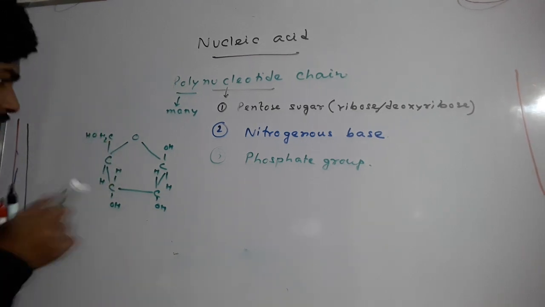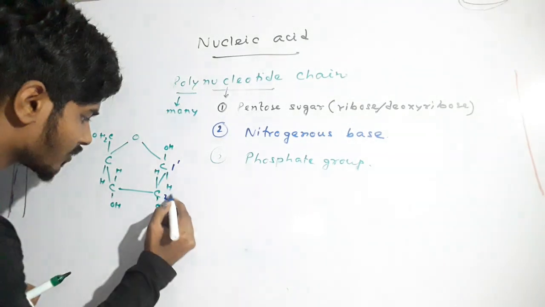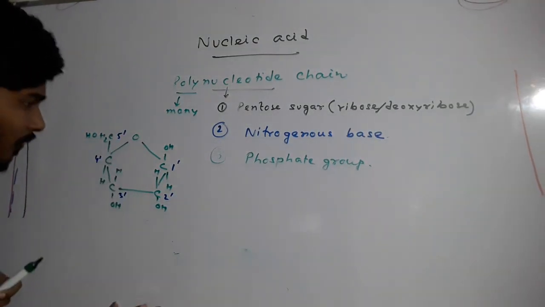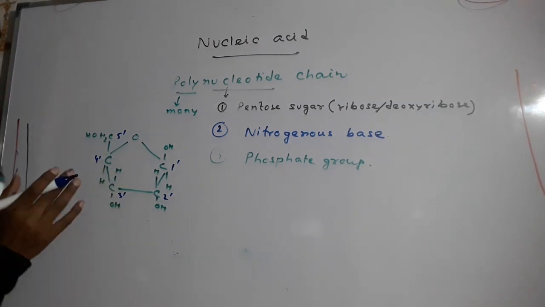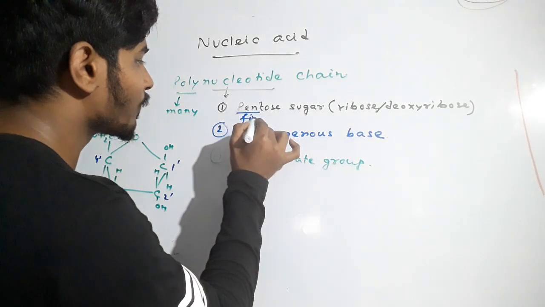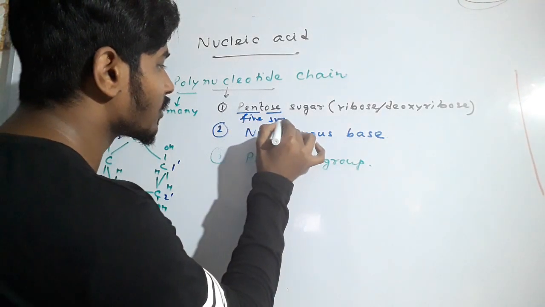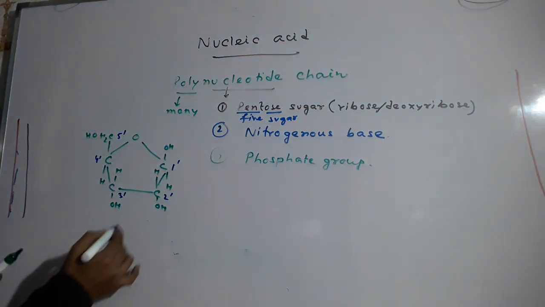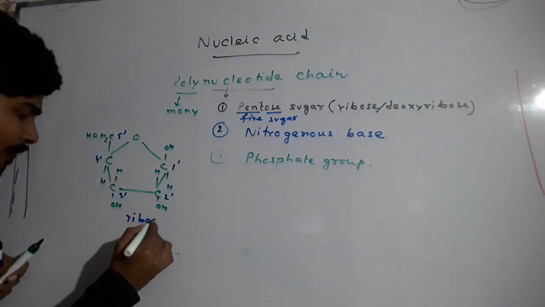You can see that this is the 1 prime, this is the 2 prime, 3 prime, 4 prime and 5 prime. So this is a 5 carbon sugar. Pent means 5 and ose means sugar. So it's a 5 carbon sugar and this is ribose.